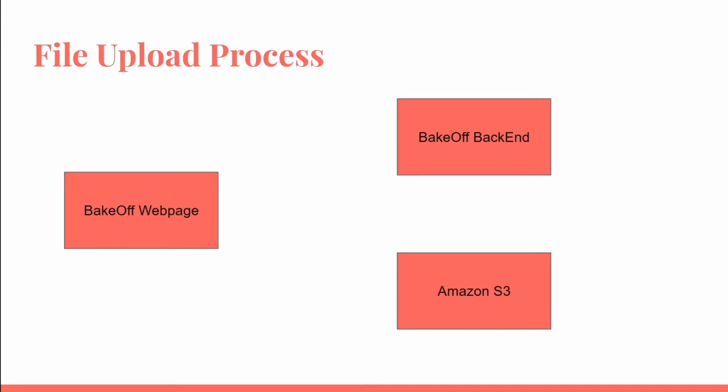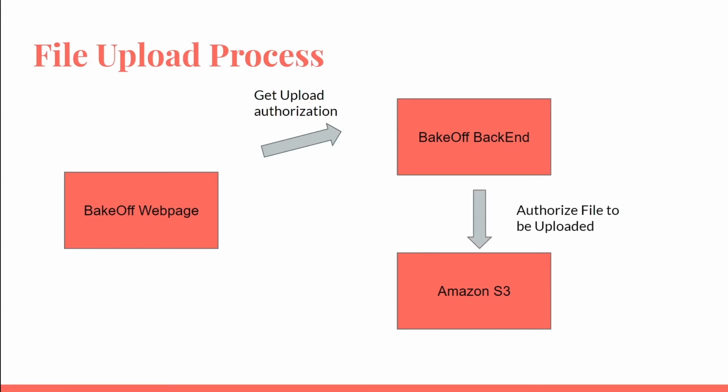An interesting part of our project that we wanted to talk a little bit more about is the file upload process. Heroku doesn't offer a default way of hosting images, so we used Amazon S3 instead. You can't directly upload to Amazon S3 because that would mean you expose your credentials on the front end, or anyone can just upload to Amazon S3. To combat this, you instead send a request to the backend, and the backend has the Amazon credentials, and it authorizes a file to be uploaded.